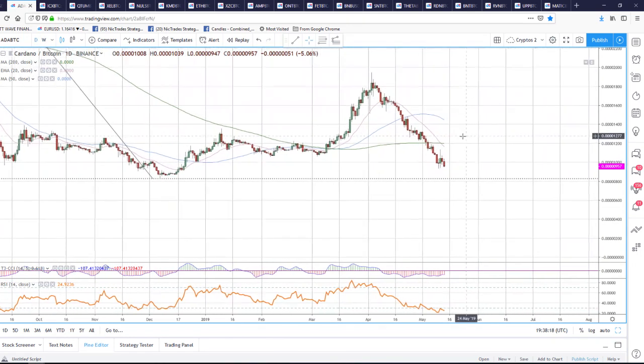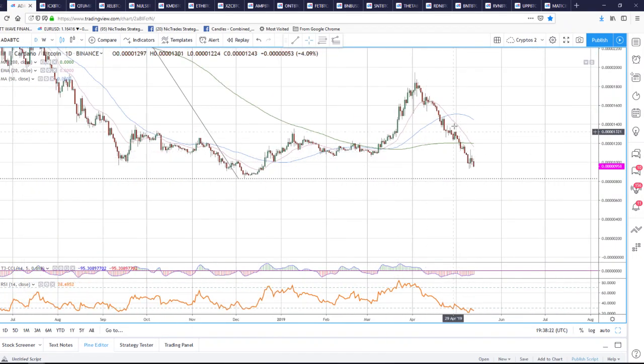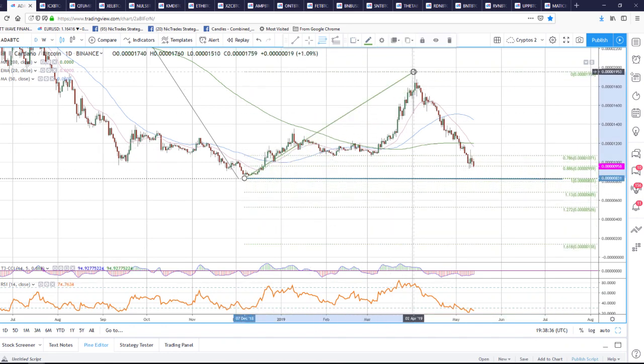We have got underneath our flat 200 moving average. When you have flat daily moving averages, it usually means a range trade. So I would look for these lows to hold on a retest. If it doesn't hold an 886 fib retrace, it should hold the lows on a retest.